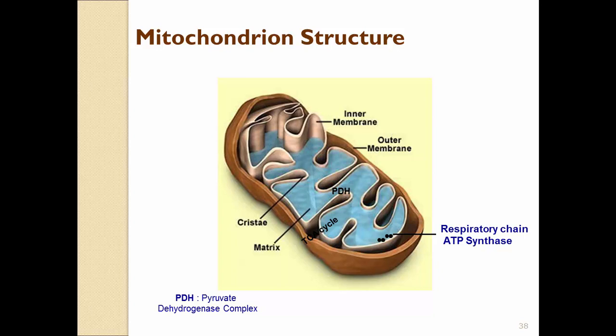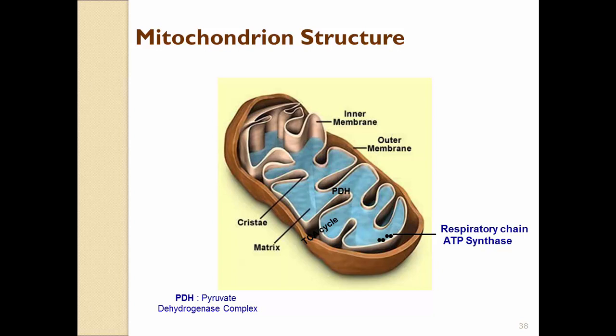So this is the mitochondria. I guess you learned this in other courses, that mitochondria has two membranes, a double membrane: the inner mitochondrial membrane and the outer mitochondrial membrane. In between there is a space, right?